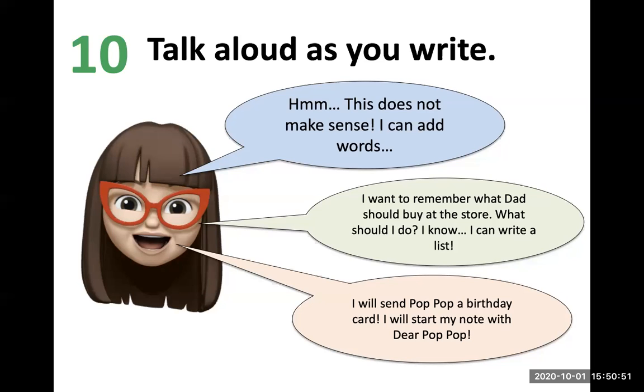Or I will send Pop a birthday card. It's his birthday tomorrow. And I'm gonna start my note. How should I start it? I know, dear Pop. Okay, so we're modeling what we are thinking inside our heads.